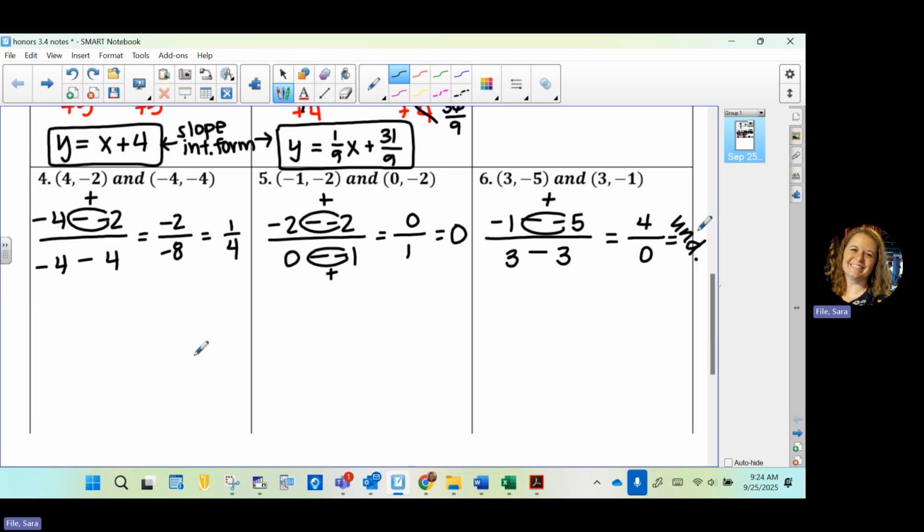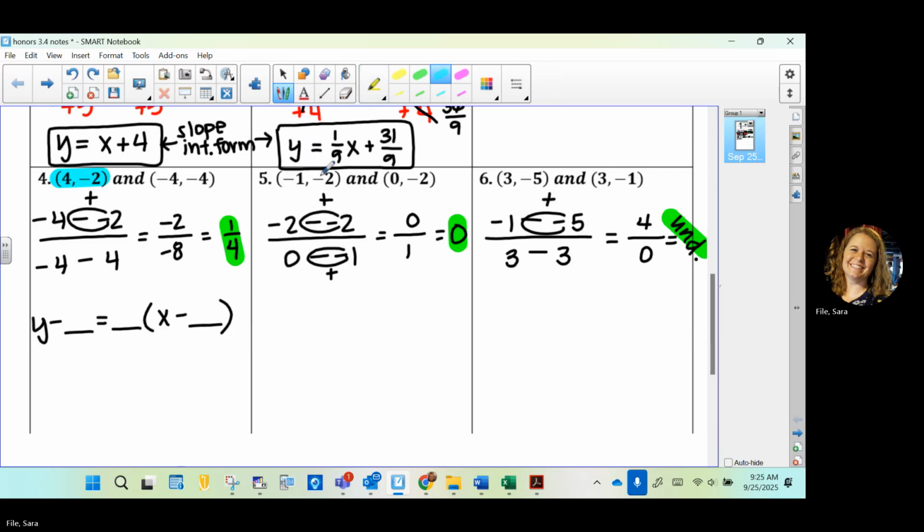So now that we have our slopes, what point do you want to use for number 4? -2. Okay, so I'm going to plug in my y1 and x1 and my slope.